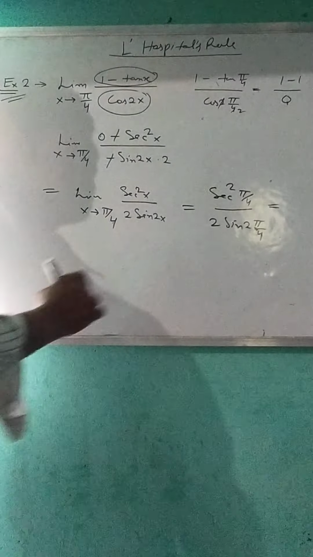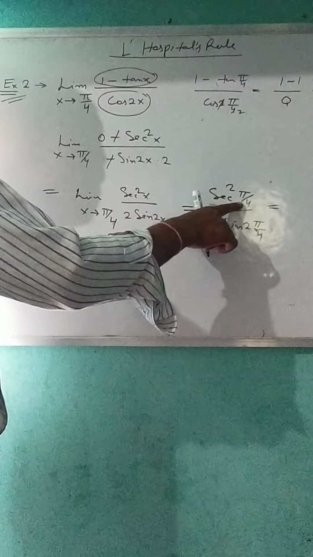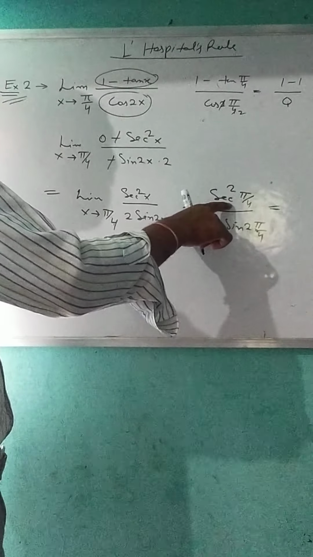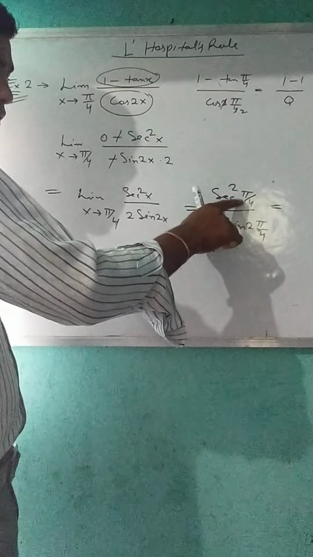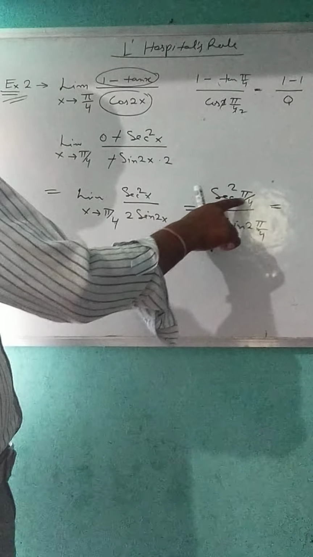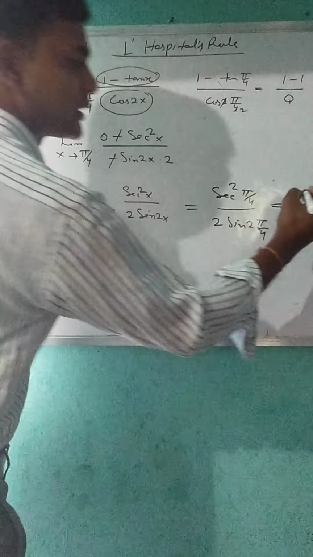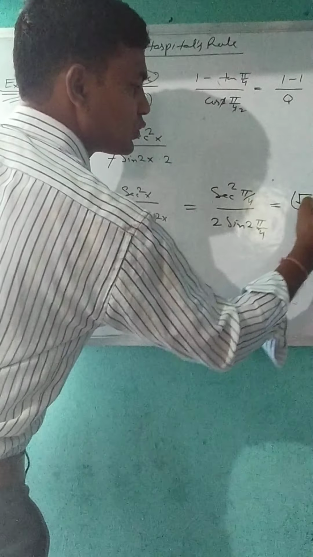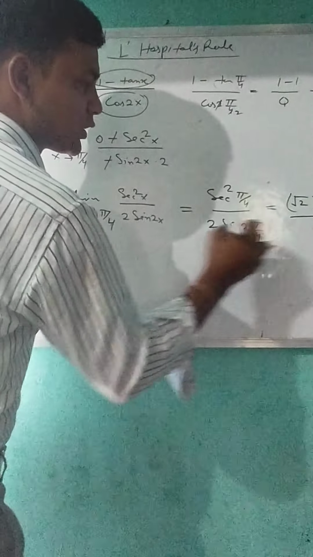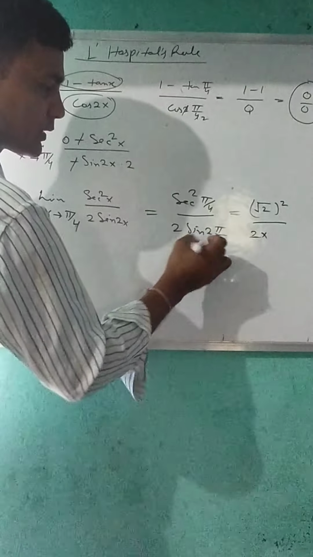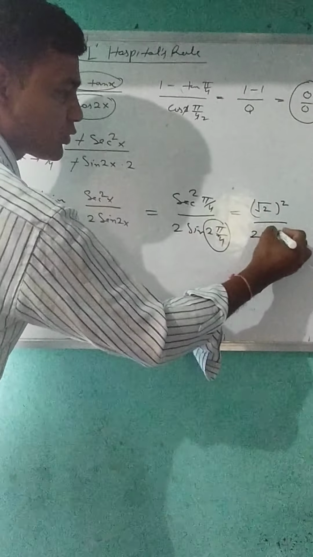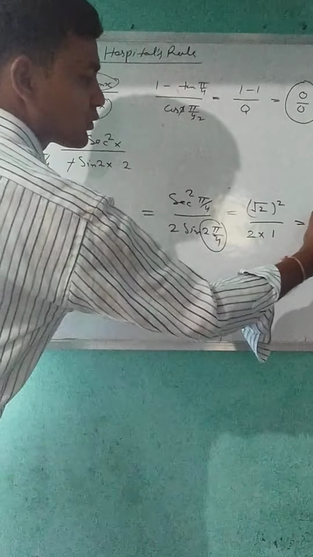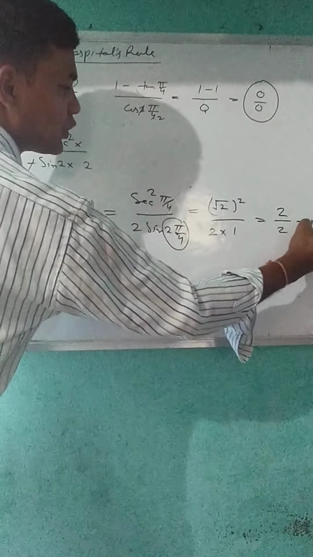Cos 45 is 1 upon root 2, and sec is the reciprocal of cos, so sec 45 is root 2. Then root 2 square is 2, upon 2 into sine pi upon 2, which is 1. So it is equal to 2 upon 2, equal to 1.